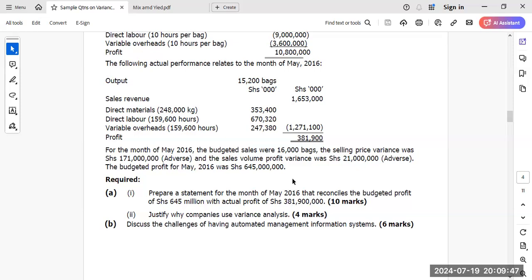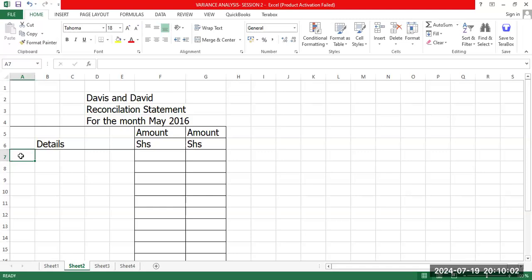If it is different, you know that you're wrong, because when reconciling you must get the right figures. So you will start here, with our budgeted profit.